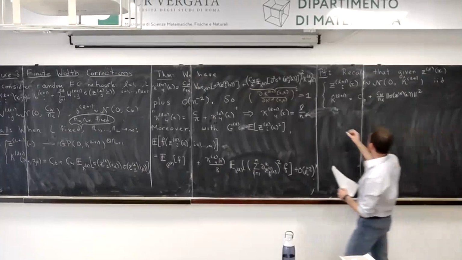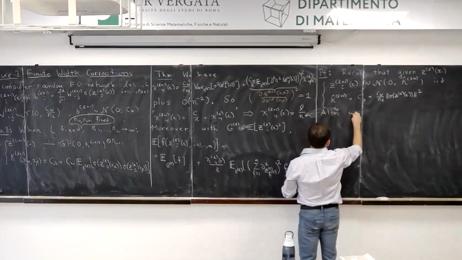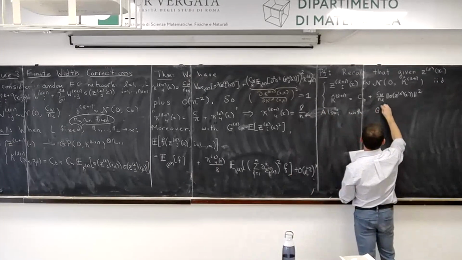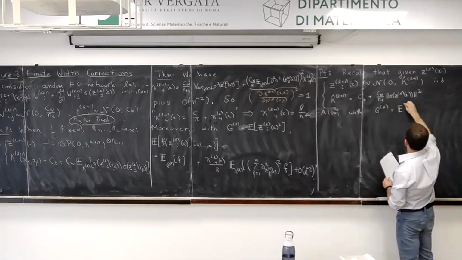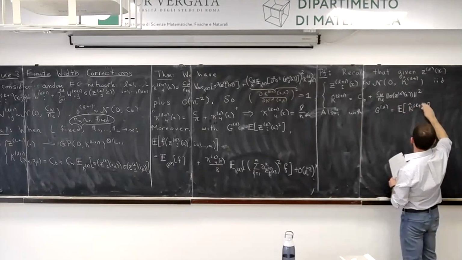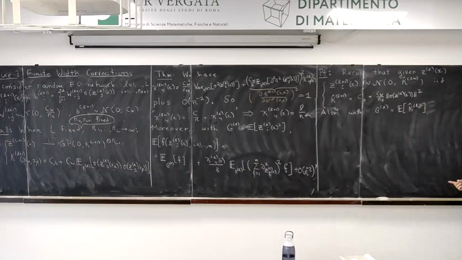Okay, so I'll write it this way. I'm just going to rewrite this notation because eventually I'll delete the theorem. So G^L is precisely, if you think about it, the expectation of K hat L plus 1. Why?